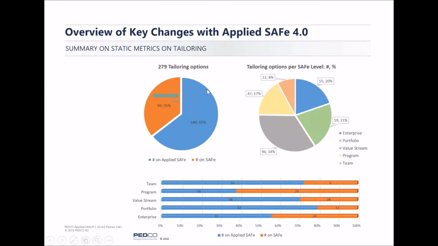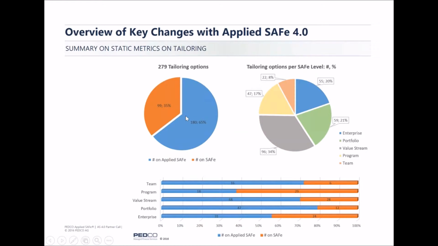If you look at the numbers, we have 280 tailoring options. This is a lot, but on average you usually have to answer 12 questions and then you're done with one specific level. You see that we have taken all those options as described in SAFe into our tailoring options as well, but these are 35% of our tailoring options.